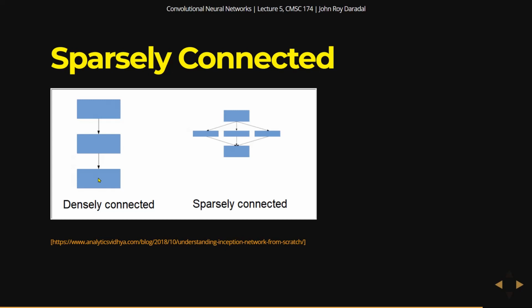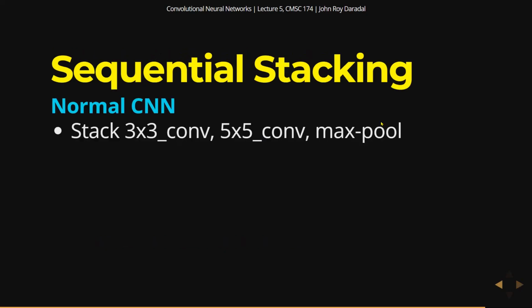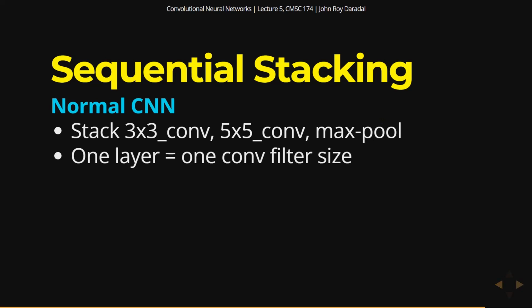But for GoogLeNet, they wanted to try something sparsely connected, which looks like this. From one layer, you have a choice to go to 3 different layers, and then you combine the answers from the 3 layers. In sequential stacking, which is for the normal CNN, you can stack a 3 by 3 conv, 5 by 5 conv, and then max pool, and so on. And one layer can only have one filter size, right?